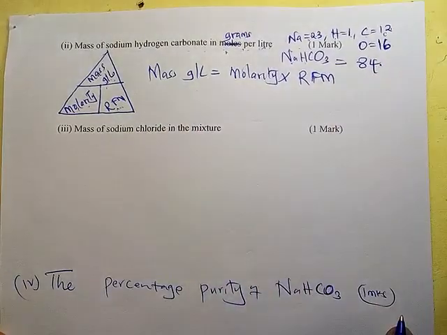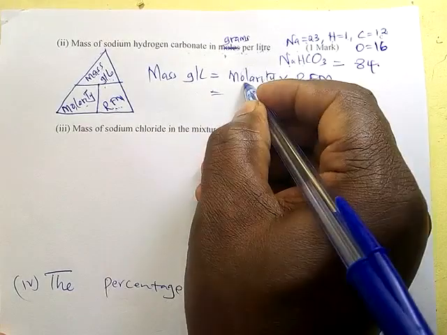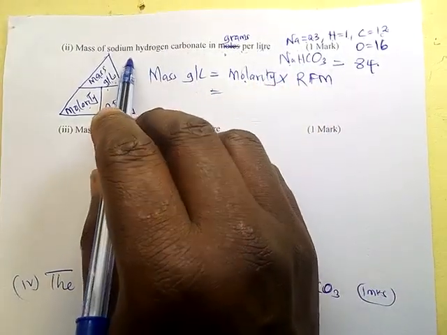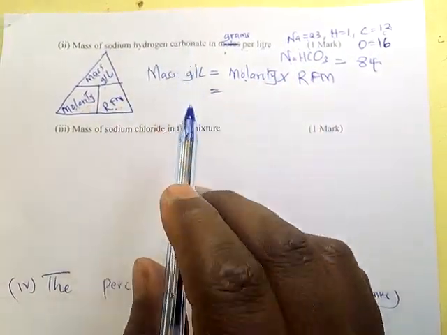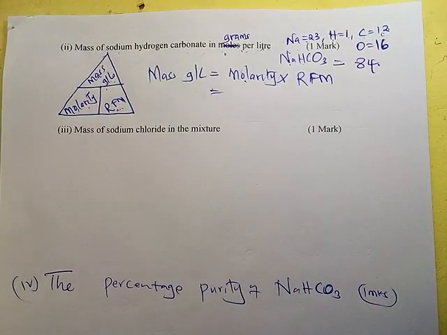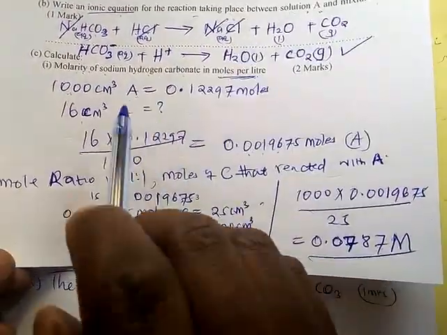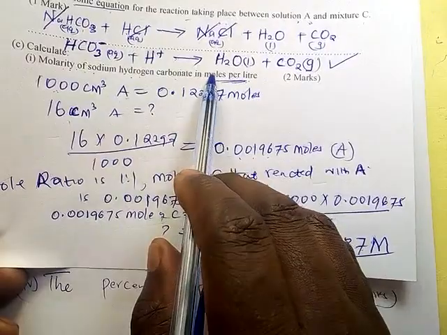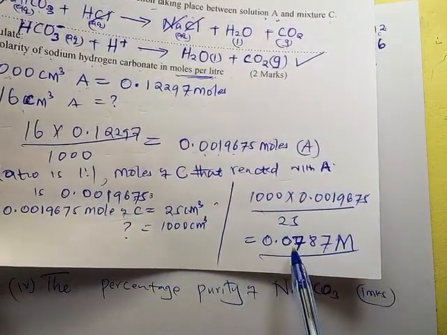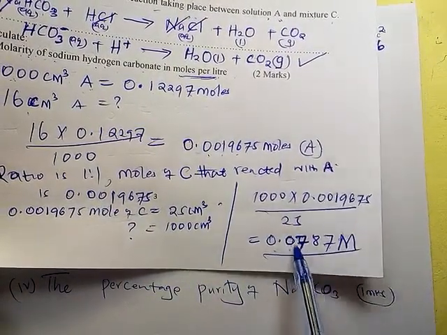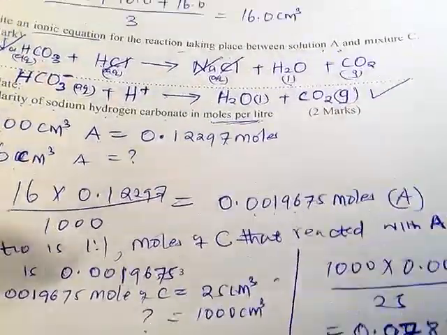Molarity times RFM. Remember sodium hydrogen carbonate is C, and we have the molarity of C from here, 0.0787.